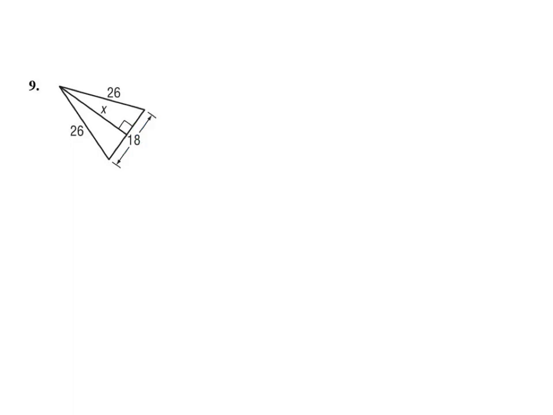On this one, we have our isosceles triangle. We know it's isosceles because these are congruent. Since the segment down the middle is perpendicular going through the vertex, it's a perpendicular bisector. It's also serving as our altitude. Because of that, we know these are bisected. So the whole distance is 18. Half the distance is 9. In this case, we have our hypotenuse, and we're looking for the leg.